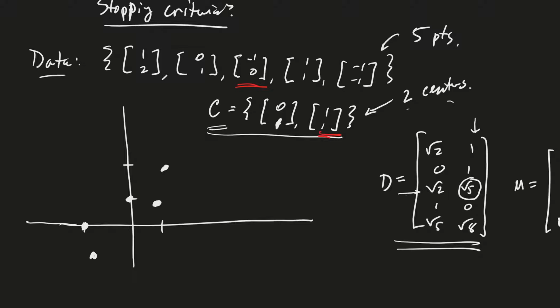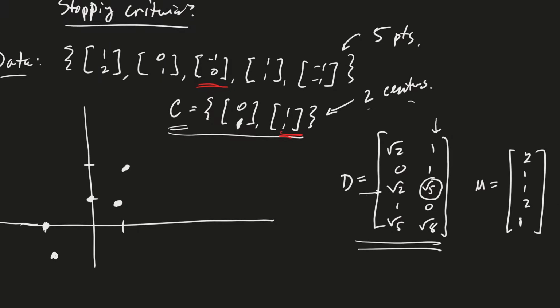How do you find the membership function for all of these? You want the index of the column with the smallest number. In the first row, these are the distances from data point 1 to cluster 1 and cluster 2. Therefore, data point 1 belongs to cluster 2 because column 2 has the smaller number.